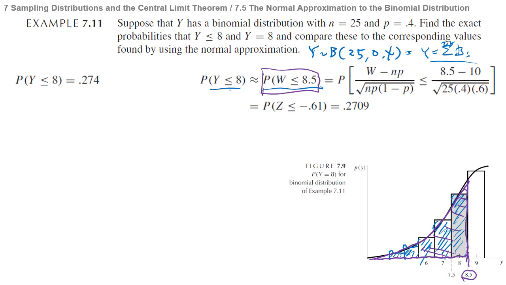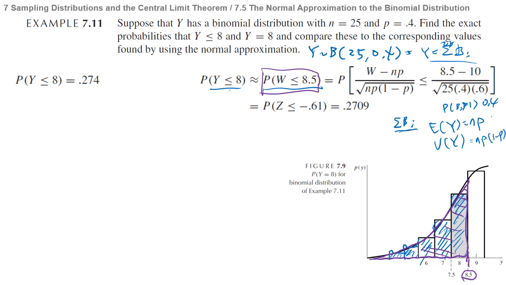Okay, and for the normal approximation, since this Y is actually a sum of Bernoullis, and for each Bi, the probability of Bi equals 1 is 0.4, the sum of Bi has mean of Y equal to np, and variance of Y equal to np(1 minus p).